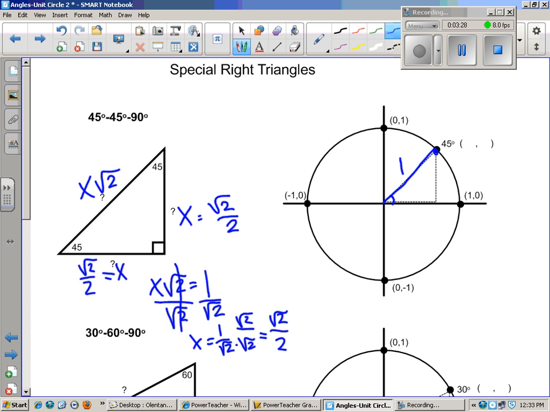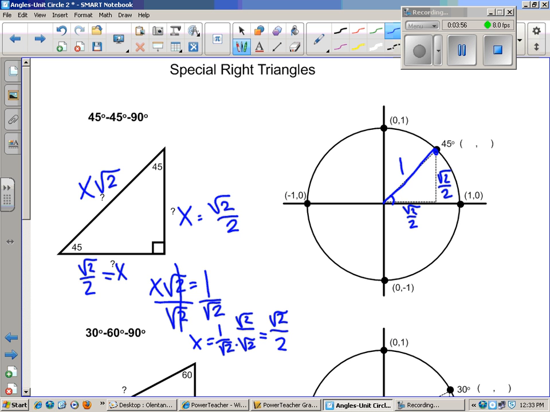Okay. Everybody with me so far? Yes? Okay. All right. So here's a leg and here's a leg. So this leg is square root of 2 over 2. And this leg is square root of 2 over 2. Now, think about this ordered pair. Isn't that point this far over, right? And it's this far up.